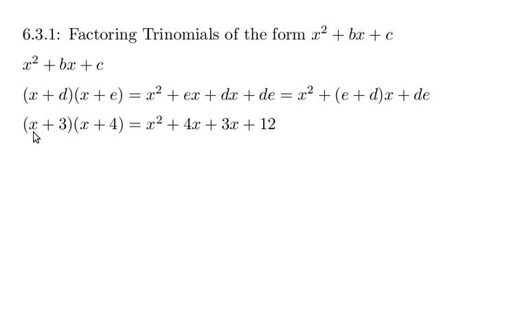So x times x, plus x times 4, plus 3 times x, plus 3 times 4, which is 12. Now I can combine these two like terms, just like I did here, and we'll make it x squared plus 7x plus 12.